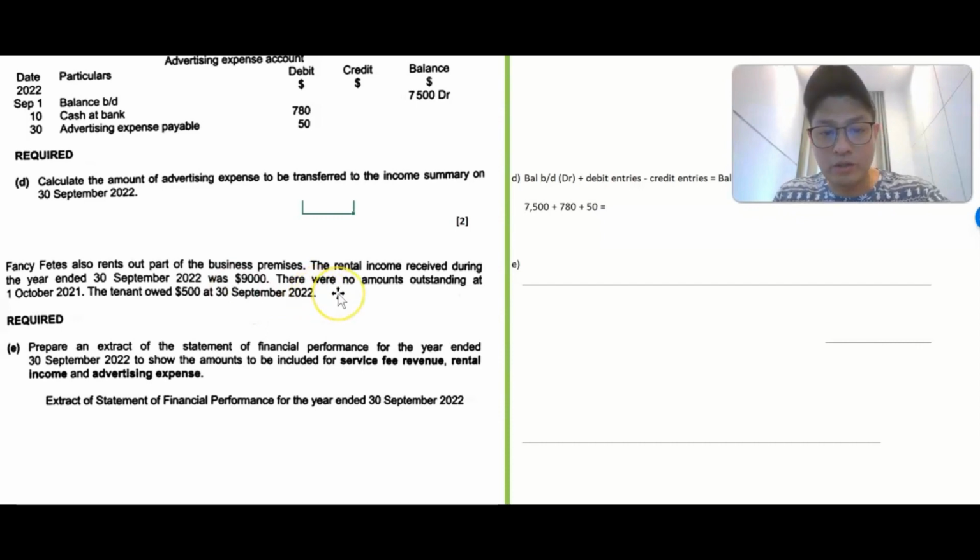And the question goes on to tell us that on the first day of the financial year 2021, there was no outstanding amount, but on the last day, the tenant who's renting the property from the business owes the business $500.